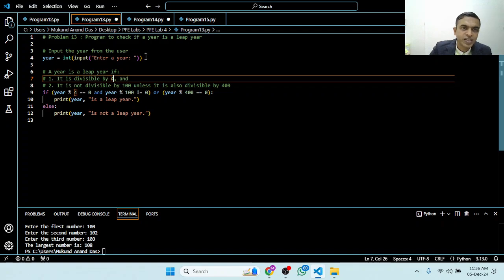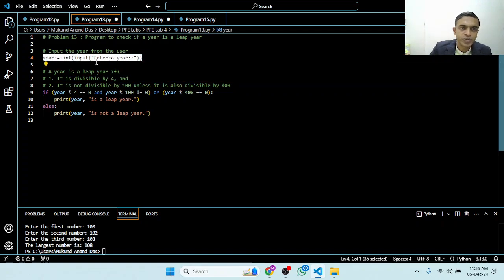First we ask for the year, input, enter the year, 4 digits. Then we put the condition: if year modulus 4 is equal to 0, it is divisible by 4, and year modulus 100 is not equal to 0, that is, it is not a 100th year, like 1900, 2000.